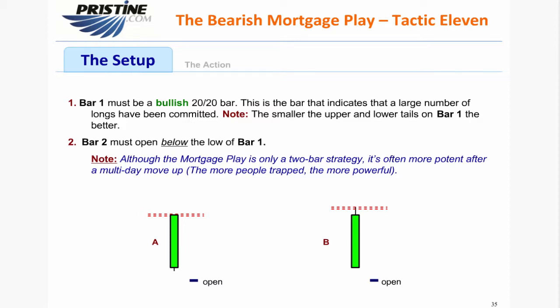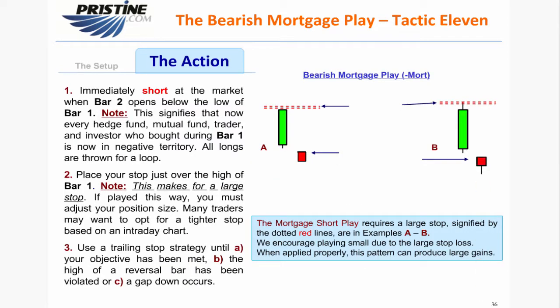Now, I will say that with this, the stop is going to be big. However, there are times where the gaps can be so large that it just makes no sense to use the initial stop that's suggested, and we may just have to adjust that based on one scenario to another. But basically what you're looking to do is buy it immediately, or in this case, short it immediately off the open because of the shock that's taking place.